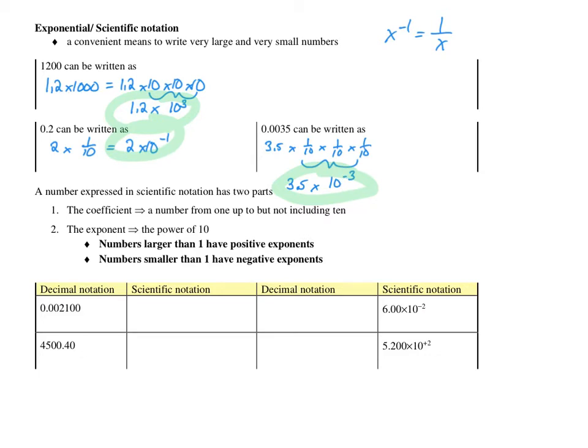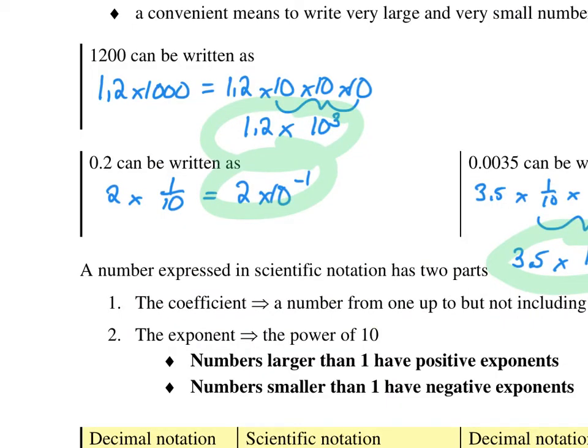Now, the numerical value of the exponent is going to be equivalent to the number of spaces that the decimal point has moved. For example, if we look at the number 1200, we know the decimal point is there. The decimal point has been moved 3 spaces to get 1200 to a value between 1 and 10.